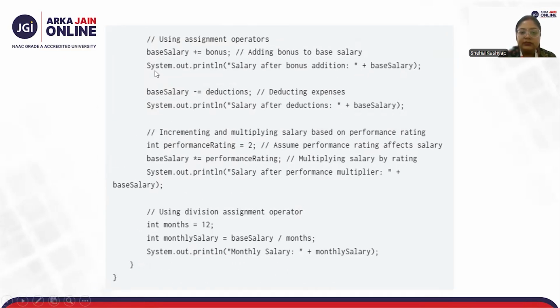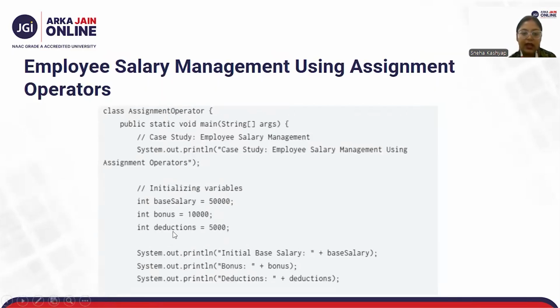So upon printing system.out.println salary after bonus addition, since upon adding the bonus my current base salary got updated to 60,000, it will print salary after bonus addition is 60,000. Next is deduction. In order to calculate the deduction, I have to do base salary minus deduction.